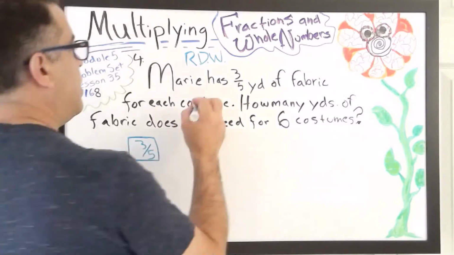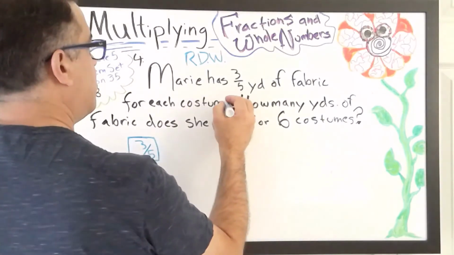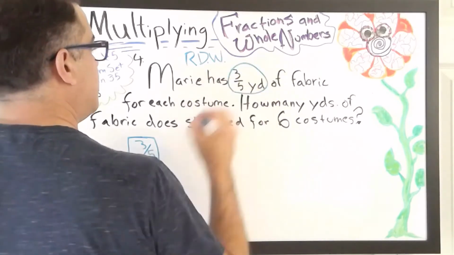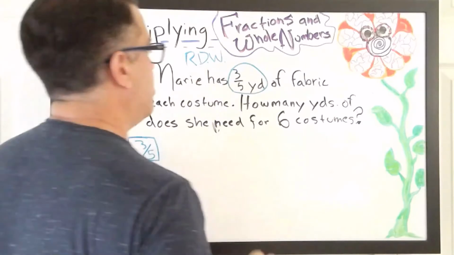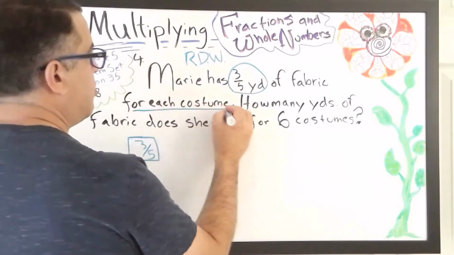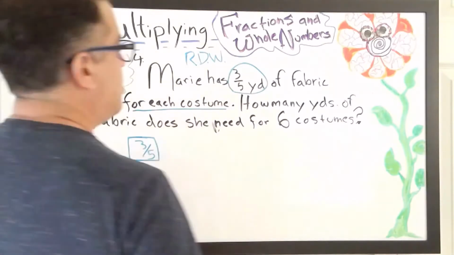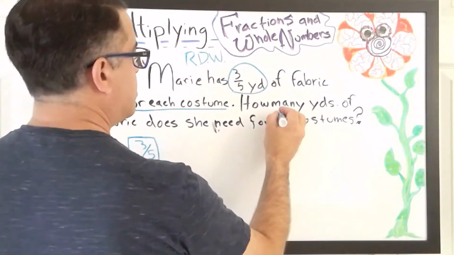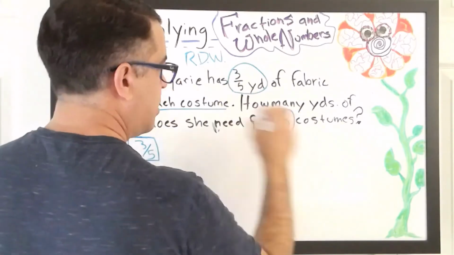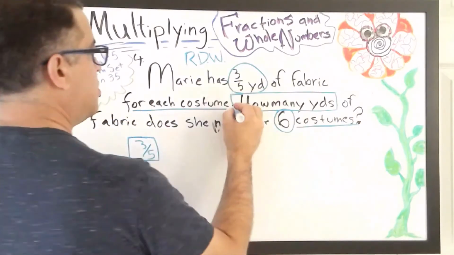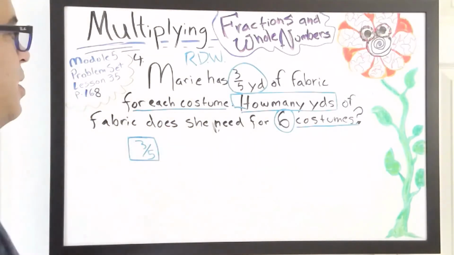Okay? And we want to go ahead and underline important facts and circle numbers. So 3/5 yard of fabric. And I think for each costume is very important. And then it says, how many yards of fabric does she need for 6 costumes? And how many yards, of course, is the important question.